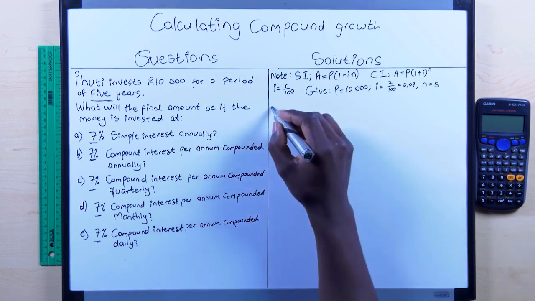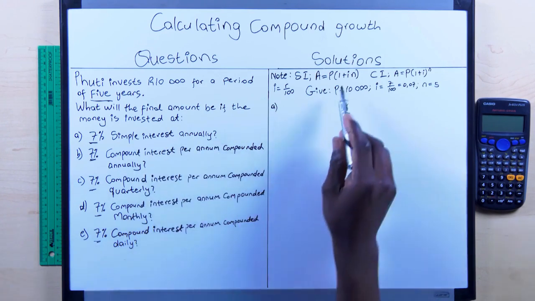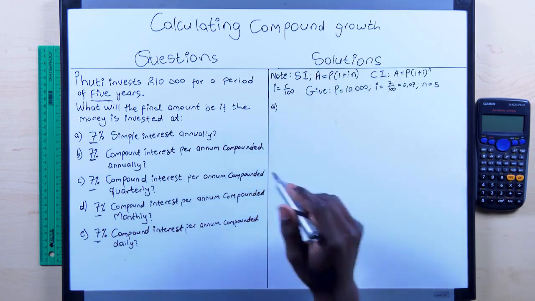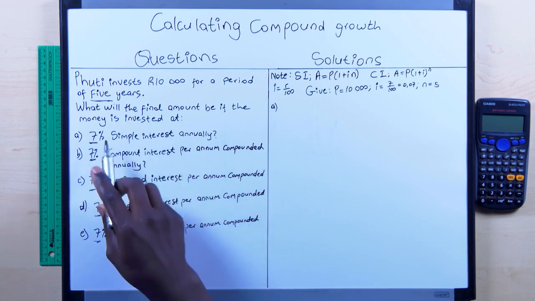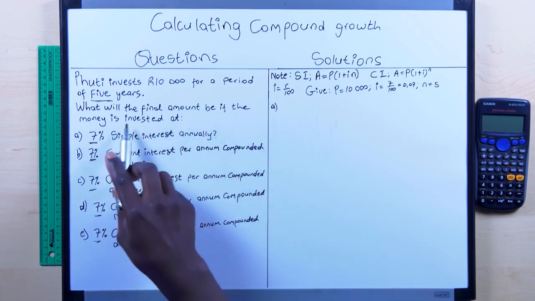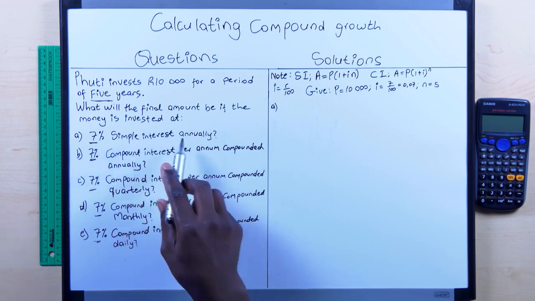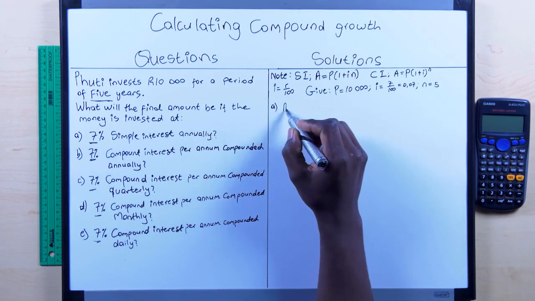What you then need to understand is what the question requires of you. In these questions, you can use either of those formulae, but you can't use both in one question. That's obvious. Simple interest: what will the final amount be if the money is invested at 7% simple interest annually? So the simple interest formula is what we need here.